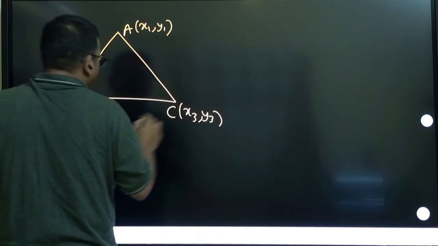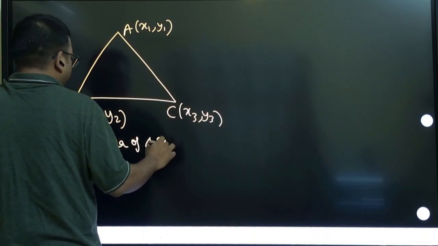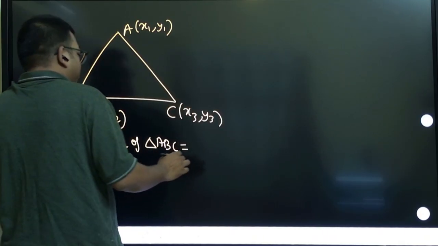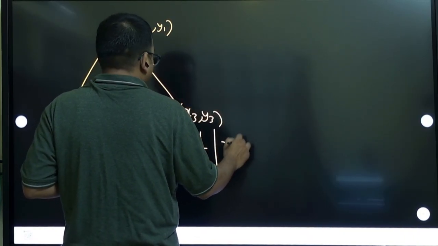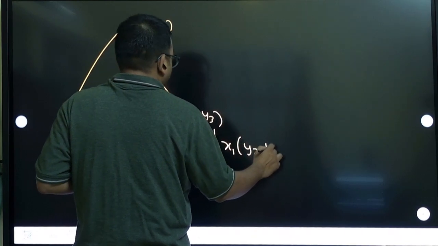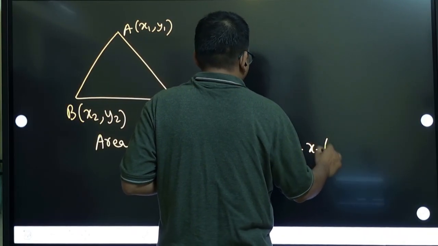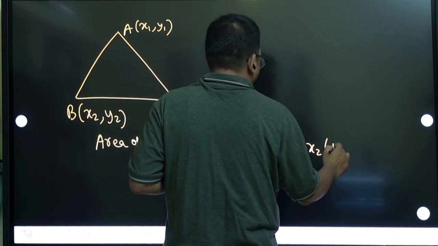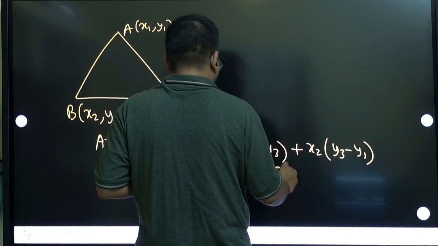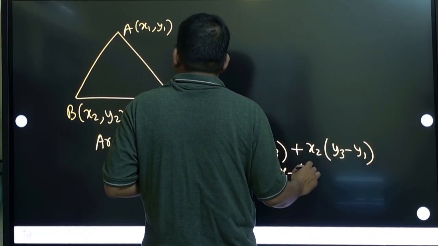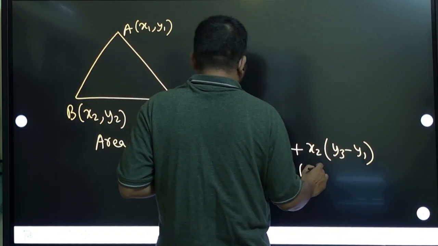If I want to calculate the area of this triangle, the area of triangle ABC can be calculated as half the magnitude of x1 times (y2 minus y3), plus x2 times (y3 minus y1), plus x3 times (y1 minus y2).